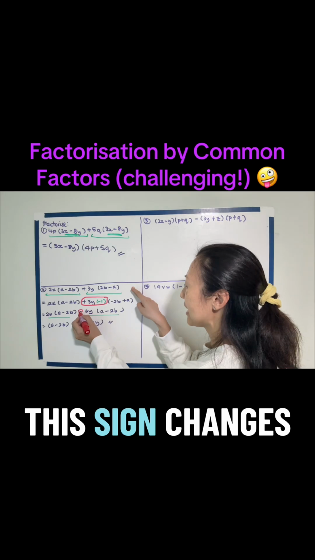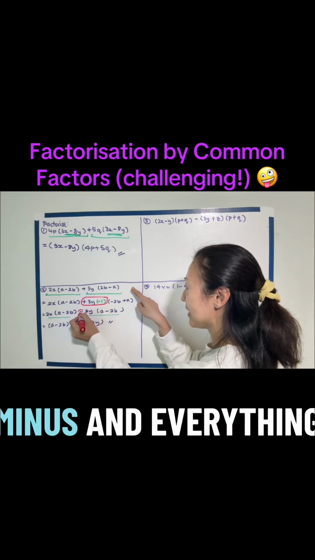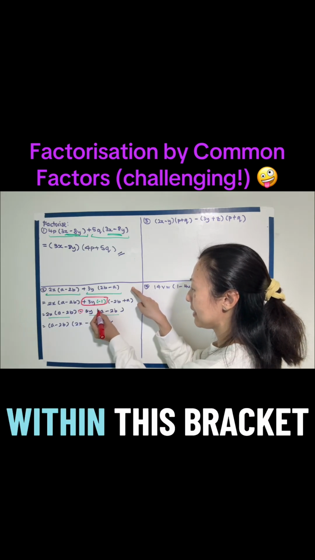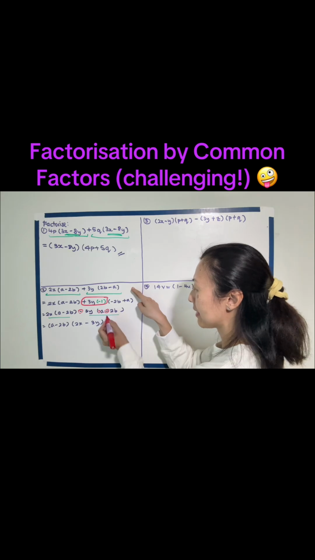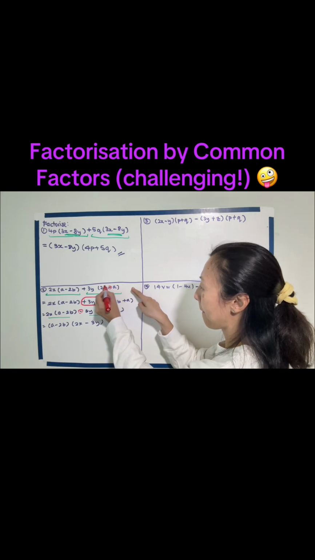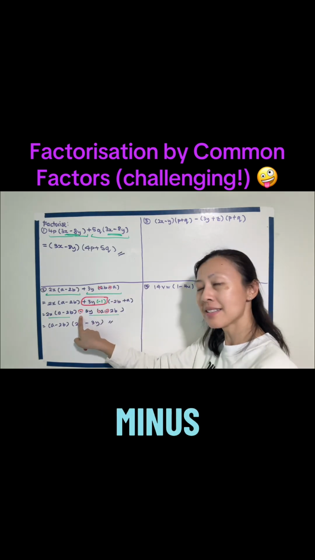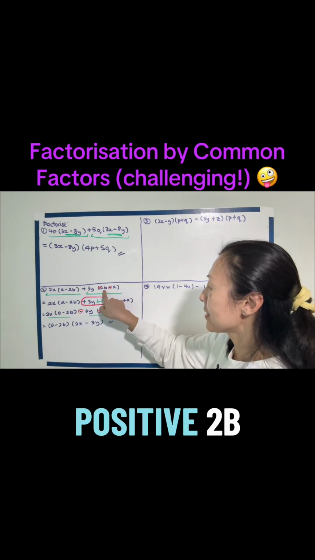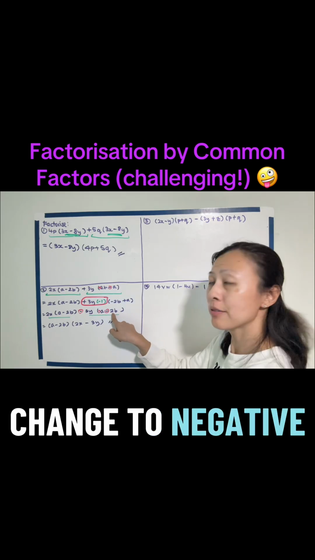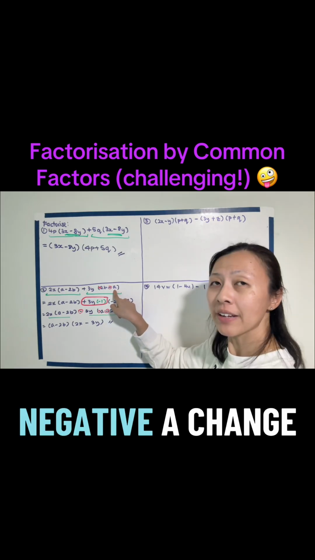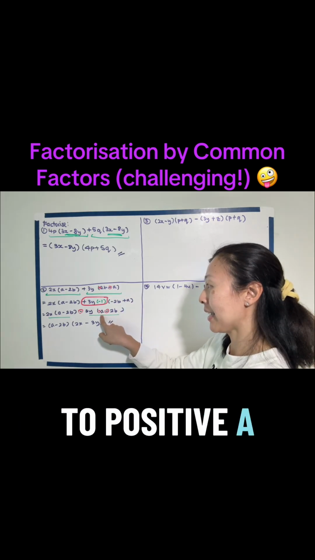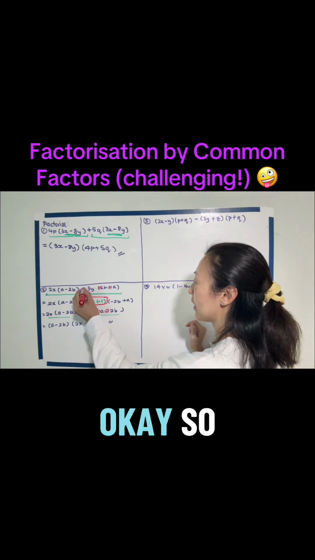This sign changes from plus to minus, and everything within this bracket changes. Can you see? Plus changes to minus, positive 2b changes to negative 2b, negative a changes to positive a.